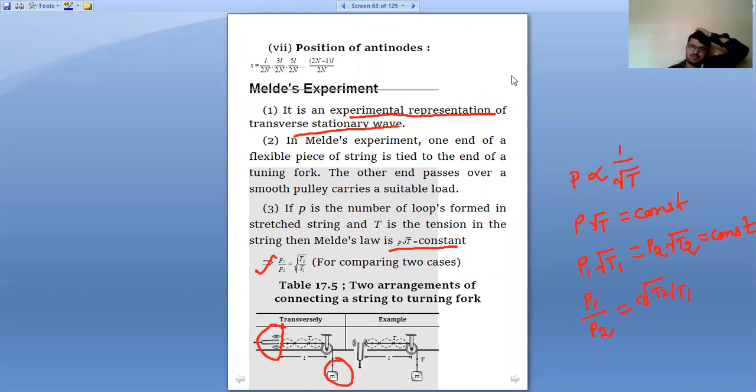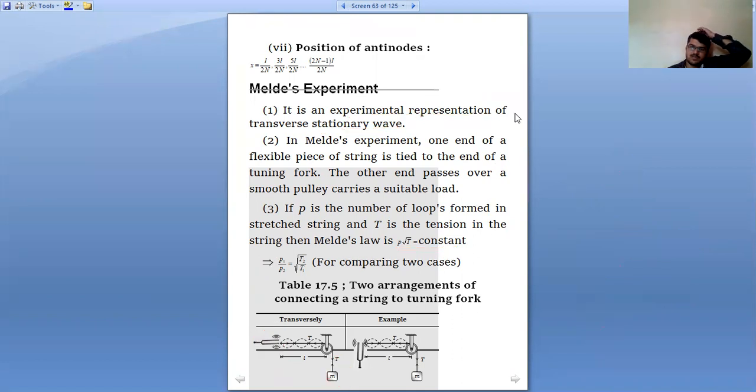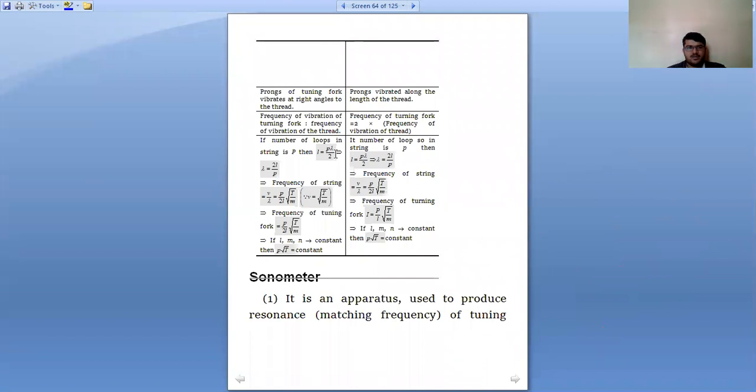Yes. Now let's move ahead. You can see the diagram properly. So this is the tied end at the tuning fork, the length is here, tension is in the string, and a suitable mass is loaded. Now you see, the prongs of the tuning fork vibrate at right angles to the thread. Yes.